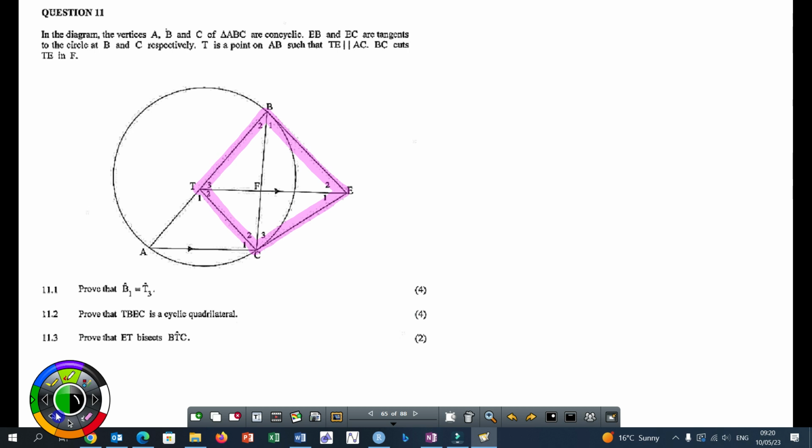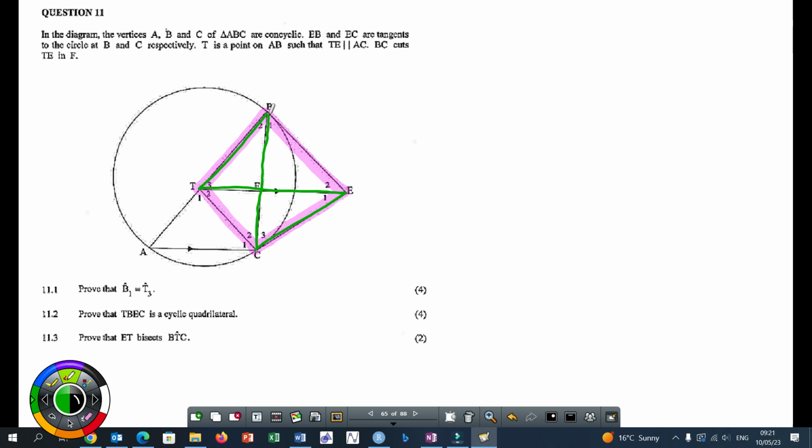I need to draw it properly. So we've got that one. You don't have to connect. There is no need to connect. You just want to identify that butterfly.